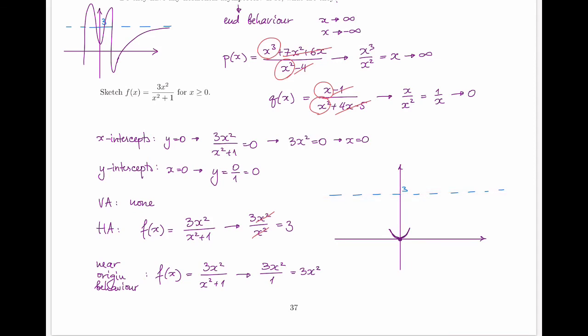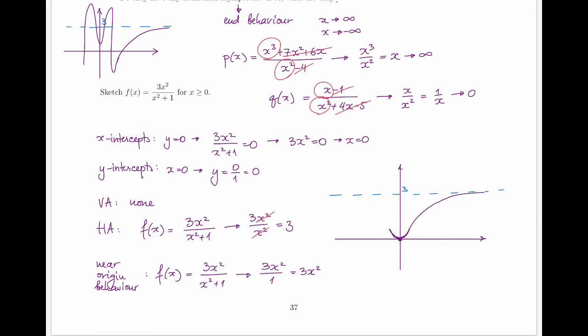Now, what the analysis doesn't tell me so far is, just like here, does it cross the horizontal asymptote? Does the function increase and then decrease? So is this maybe what's happening? Or does it approach the horizontal asymptote from below and that's it? That is something that you guys are going to investigate in calculus.